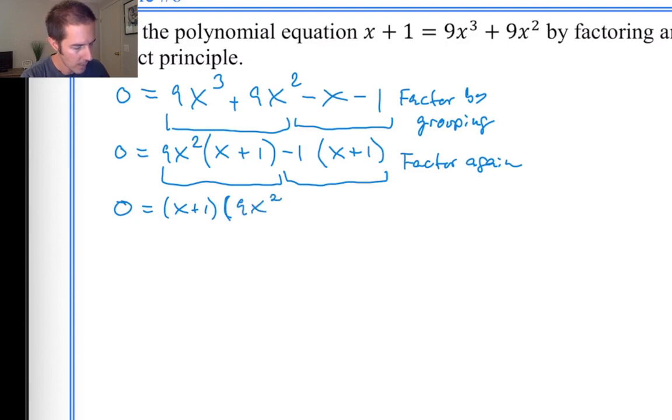Those leftovers are the 9x squared and the minus 1. And we have 2 factors, 2 sets of parentheses, connected by multiplication, equal to 0. So we can use the zero product principle now. And we'll set this factor equal to 0 and separately the second factor equal to 0.